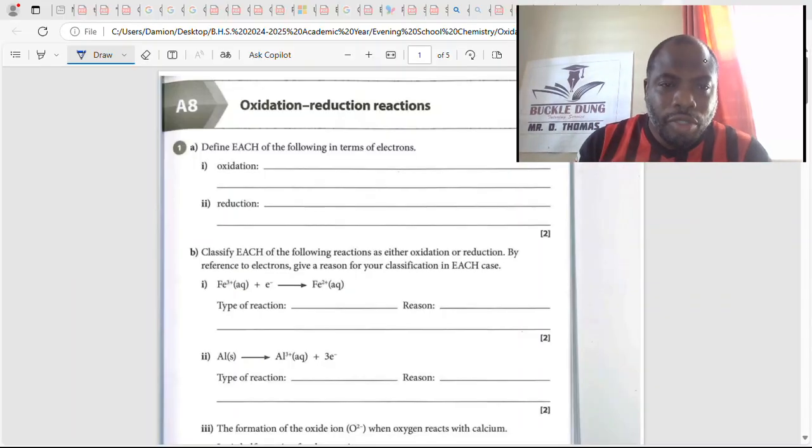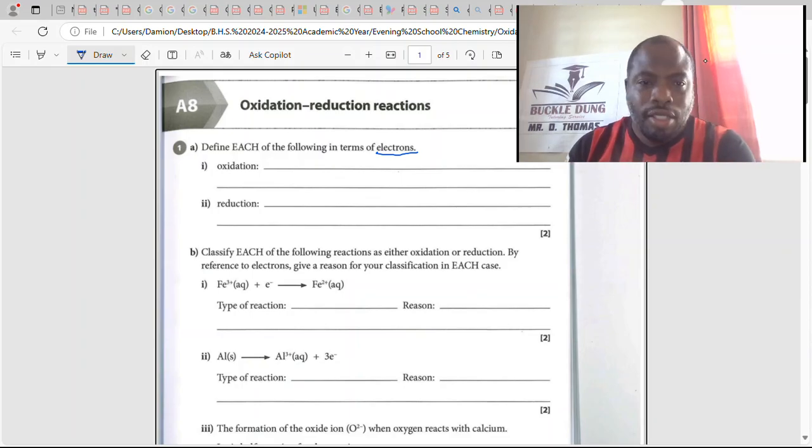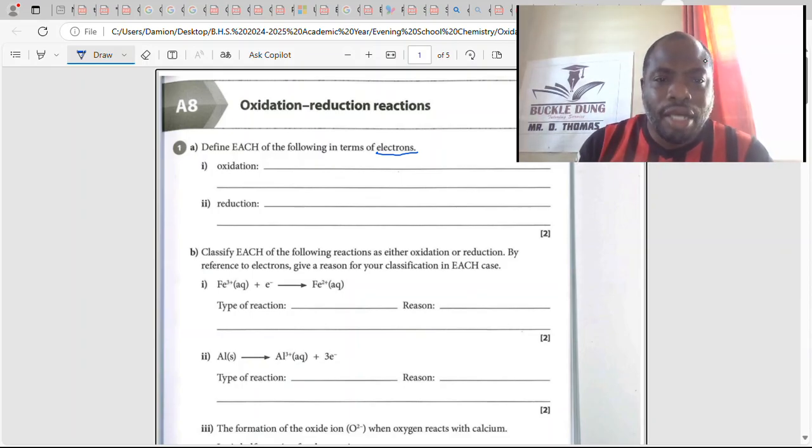So we just need some interaction now. We're asked to define each of the following in terms of electrons. So in terms of electrons, what is oxidation?